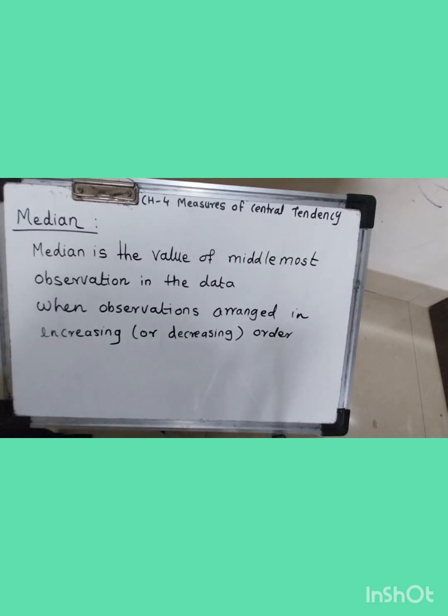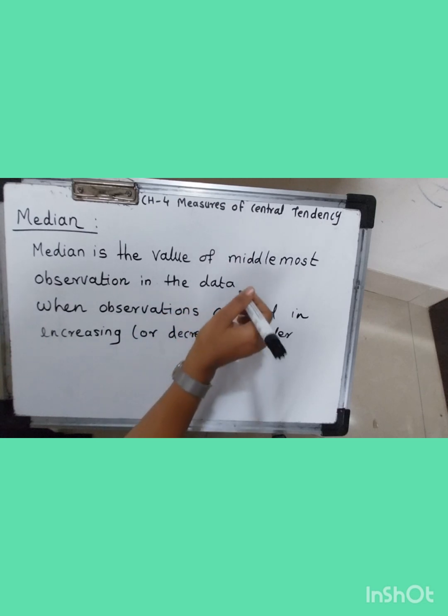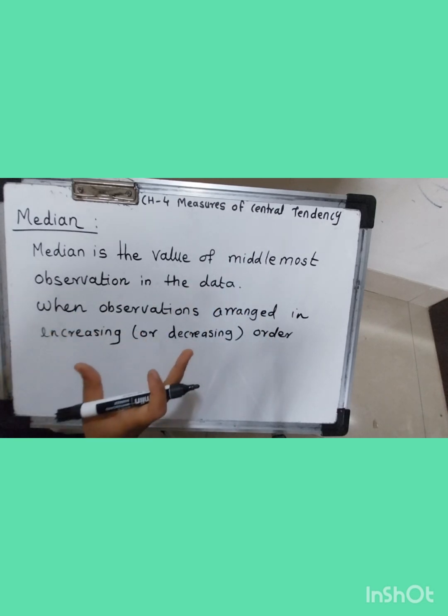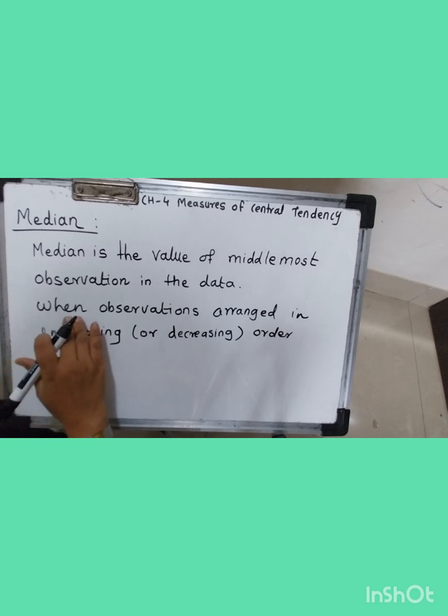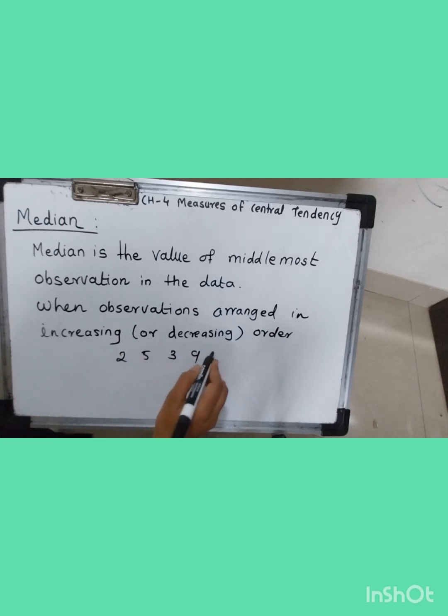What is the definition of median? Median is the value of the middlemost observation in the data, when observations are arranged in increasing or decreasing order. Suppose the observations are 2, 5, 3, 9, 4.